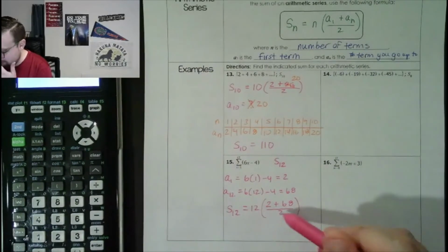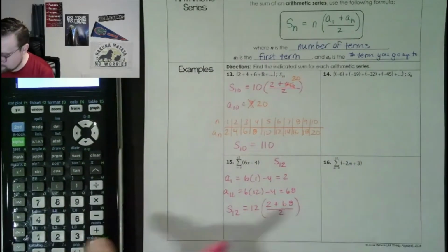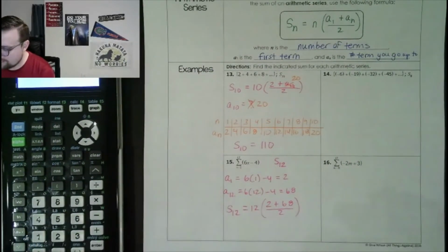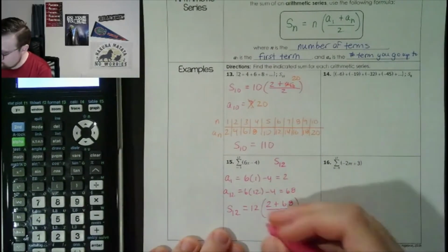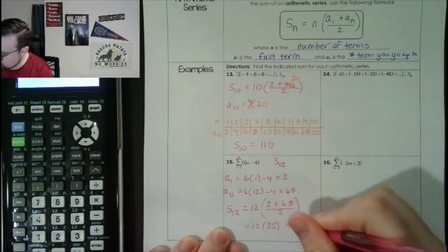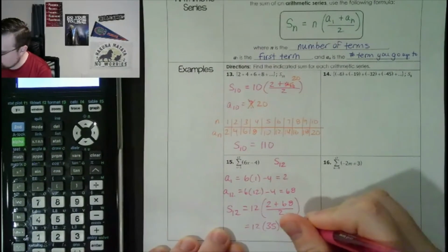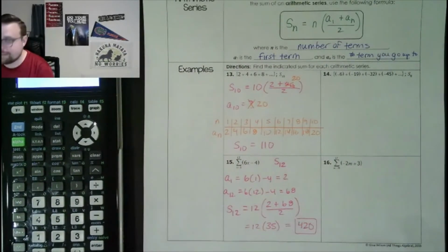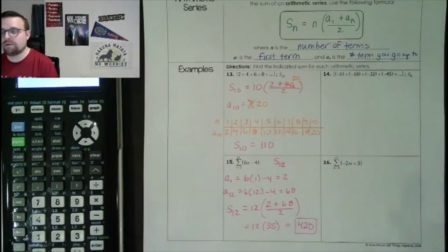I know the inside comes out to 35, but I don't know what that is times 12 off the top of my head. It's 420. So this is 12 times 35, which is 420. That is the summation you're looking for, the summation up to the 12th term.